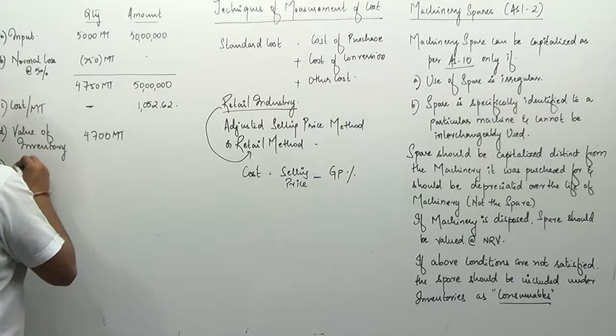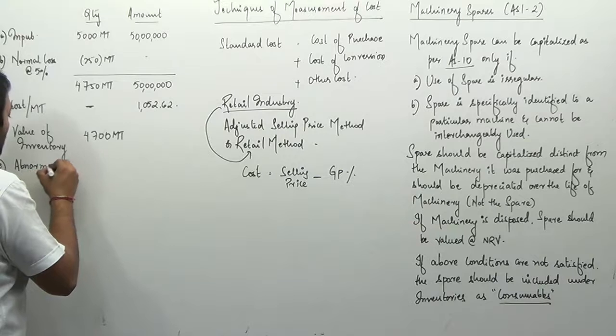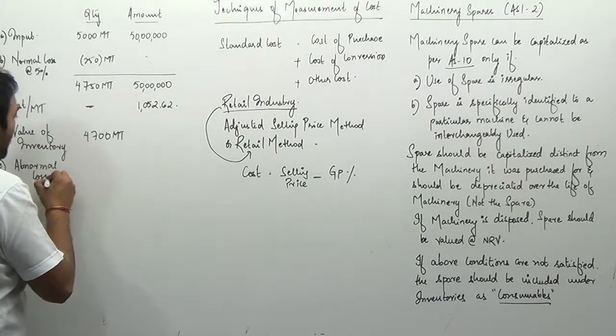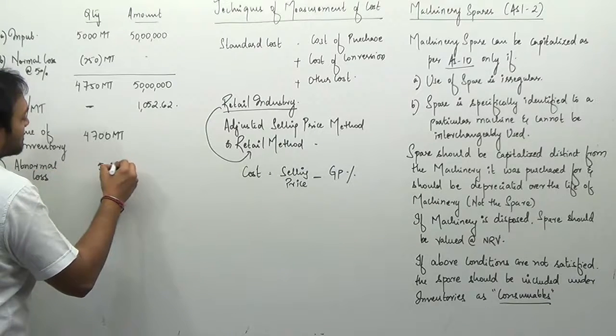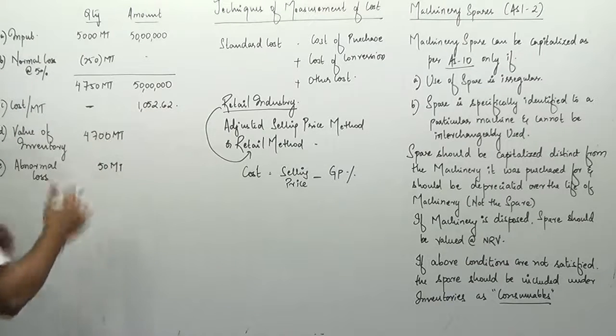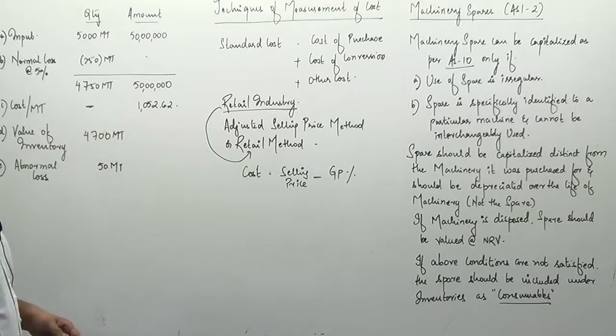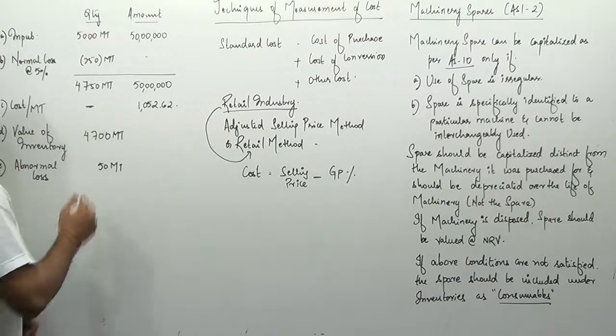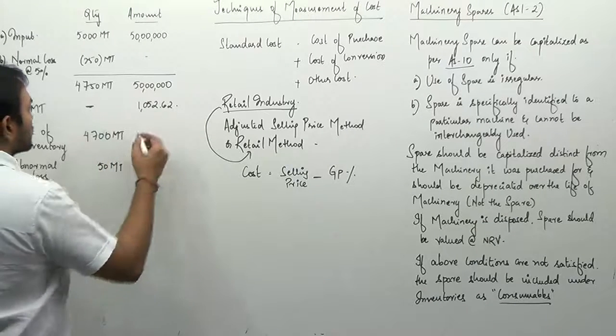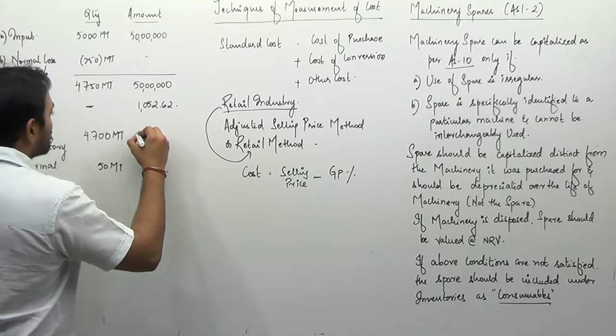There is a 50 MT abnormal loss. Abnormal loss is 50 metric tons. You multiply the cost per MT with the value of inventory left, and you'll get the answer. This one will be 47 lakhs change.